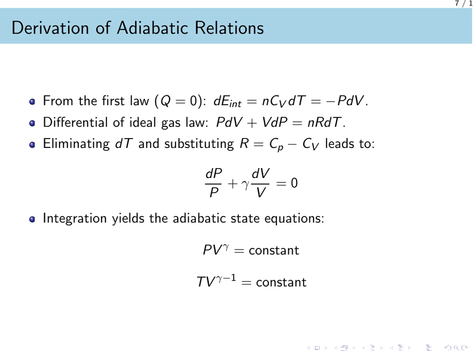By combining this with the differential form of the ideal gas law and using the relationship that the gas constant equals the difference between the molar specific heats at constant pressure and constant volume, we arrive at a differential equation. Integrating this results in two key state equations. First, pressure times volume raised to the power of gamma is a constant, and second, temperature times volume raised to the power of gamma minus 1 is also a constant.